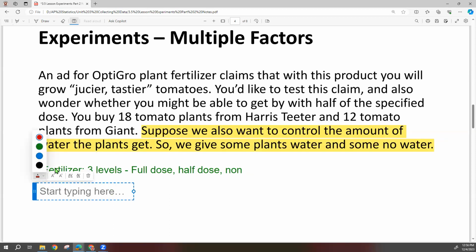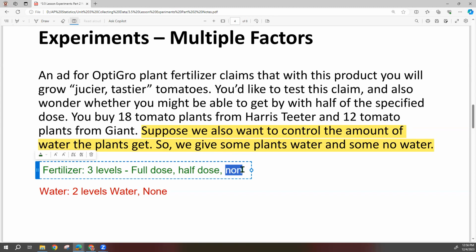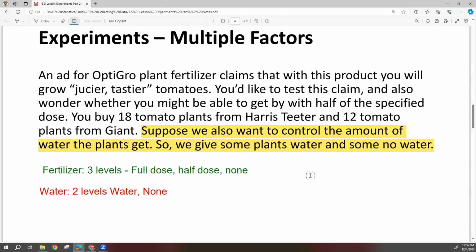And now we will have a second factor of water, and we are going to give either water to some or no water. So 2 levels. And when we're coming up with our treatments, we are going to use the fact that we have 3 levels of one factor and 2 levels of the other factor to determine that we have 6 treatments.